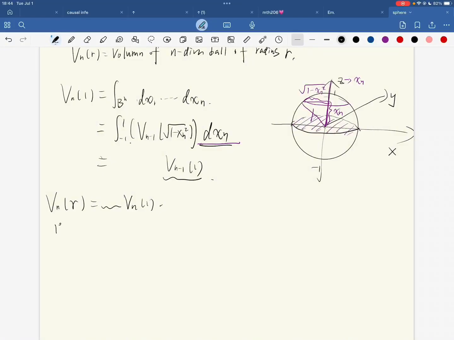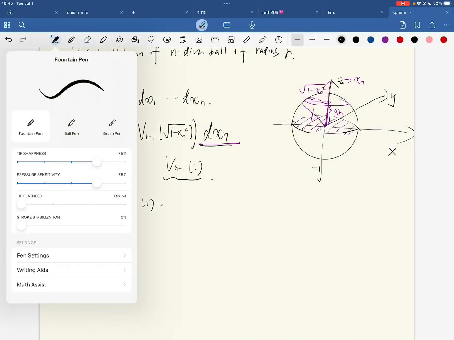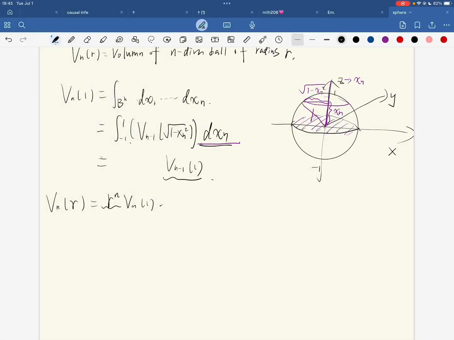Firstly, we would like to use the analogy of pi r squared for the circle, so for the sphere we guess it's just r to the power n. Is this true? Now we make it more rigorous.